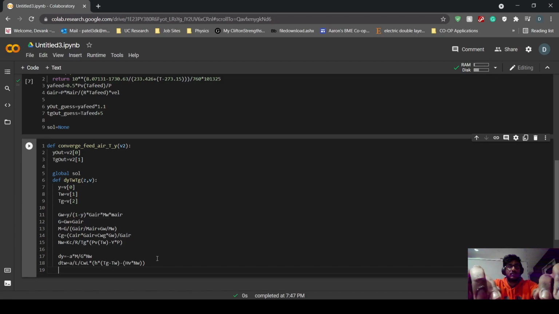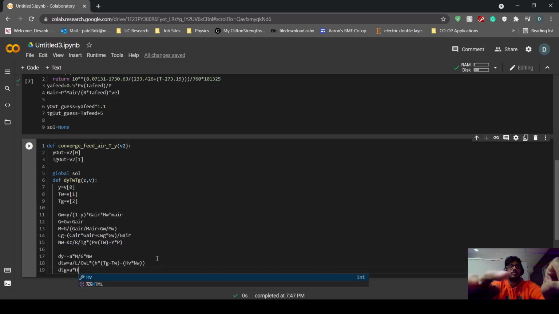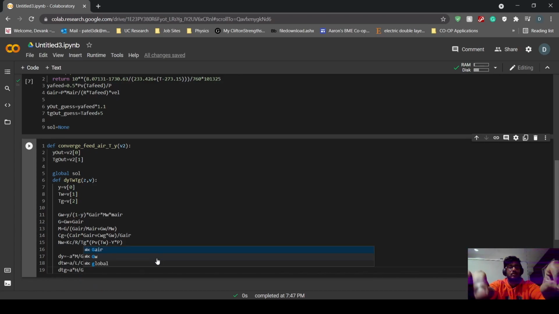And then now what we're going to do is define a third differential equation, considering the temperature of the gas, which is the air. So dTg is going to be equal to the specific packing area A times the heat transfer coefficient divided by the gas flow rate divided by the specific heat of the gas, air, multiplied by the difference in temperature, Tg minus Tw.